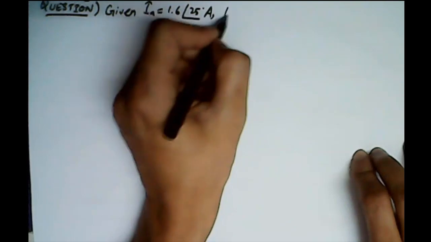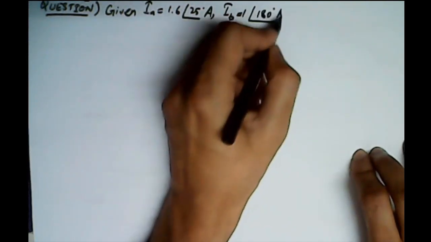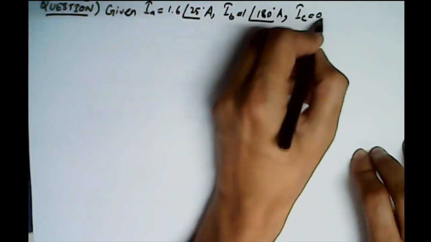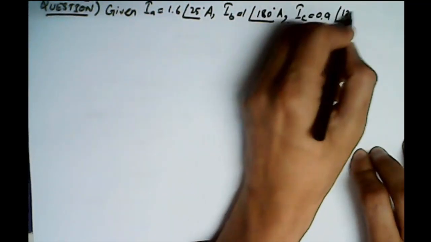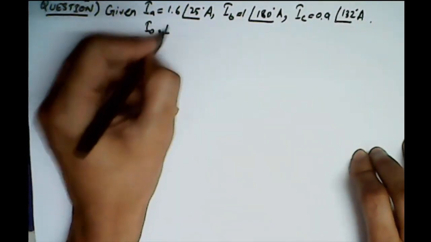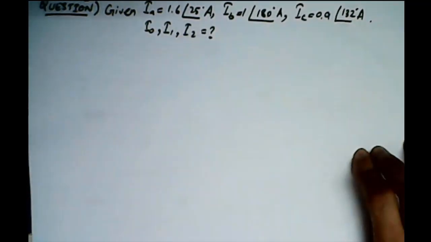IA equals 1.6 angle 25 degrees amperes, IB equals 1 angle 180 degrees amperes, and IC equals 0.9 angle 132 degrees amperes. We need to find I0, I1 and I2. That is, we are given the phase components and we are asked to find the sequence components, right?